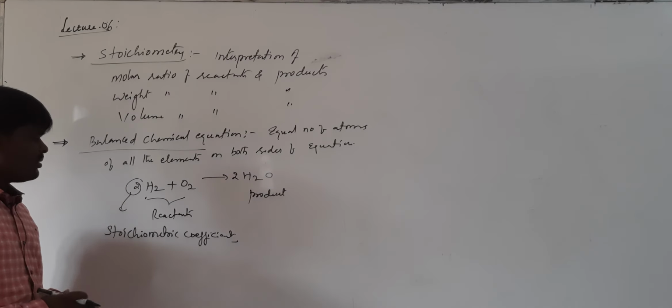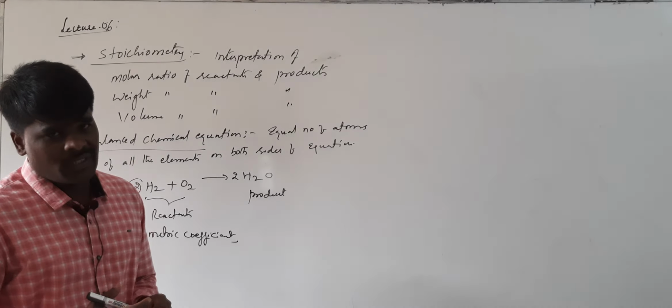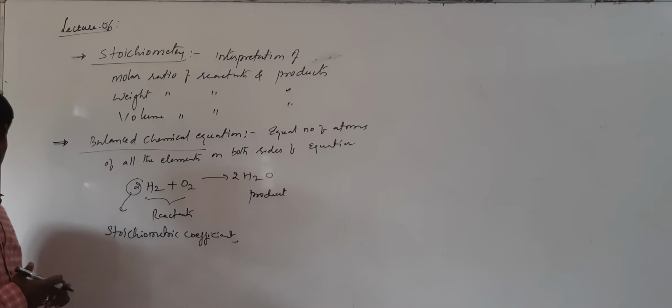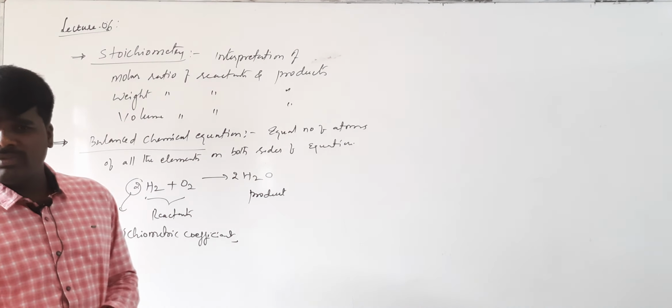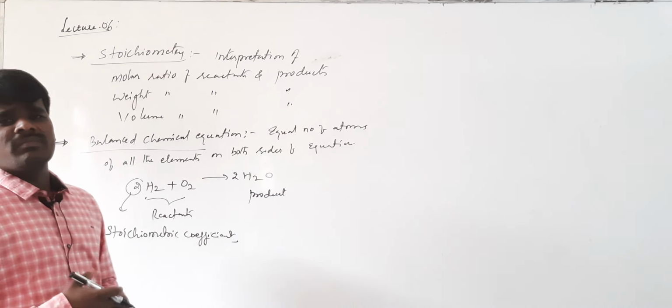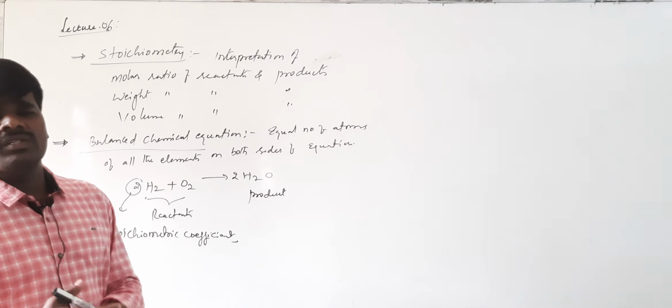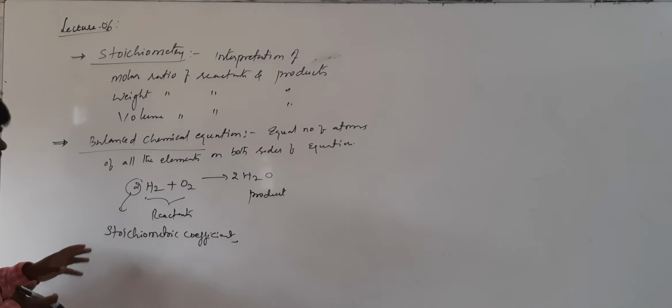It tells us the molar ratio of reactant to product, and if you know the molar ratio, you can also establish the weight ratio, the volume ratio, or the number of atoms in which they are reacting. Such data can be interpreted from stoichiometric equations, from the balanced equation.